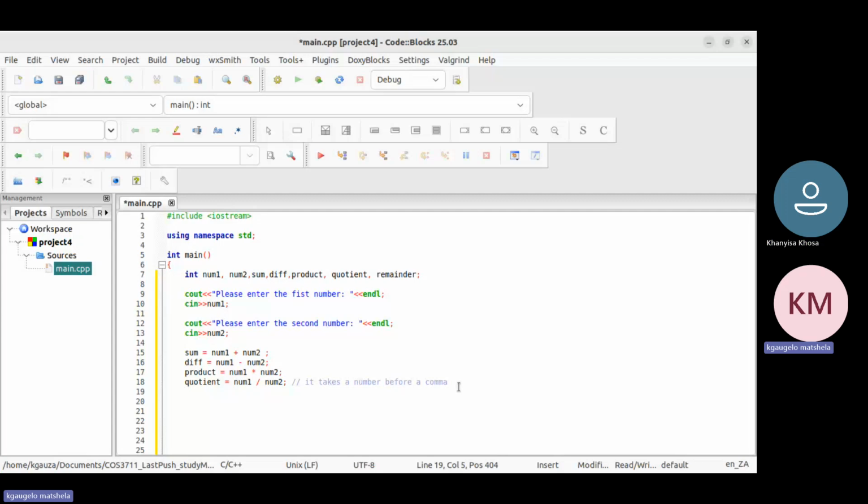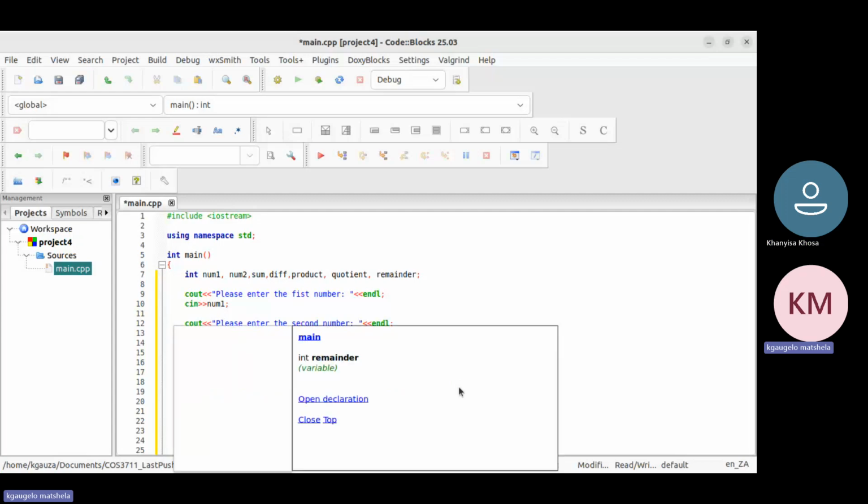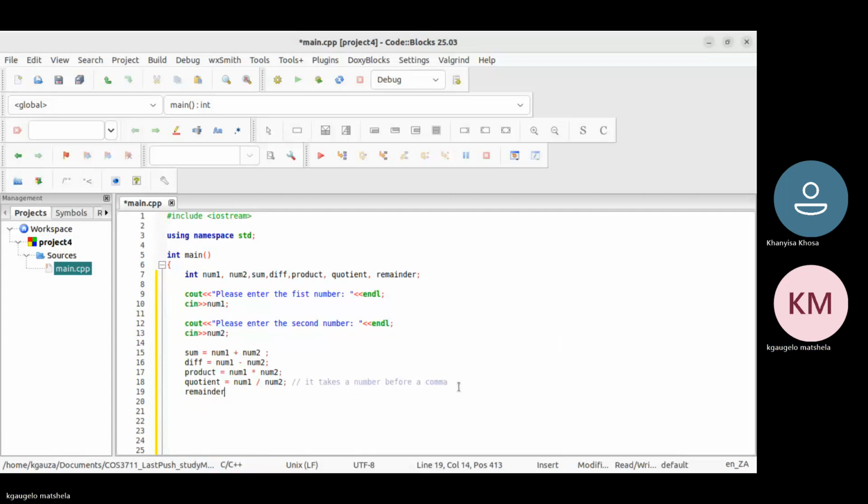So now we have the remainder, right? Let's say we have 5 and 7, and you want the remainder. So the remainder on 5 and 7 is 2.